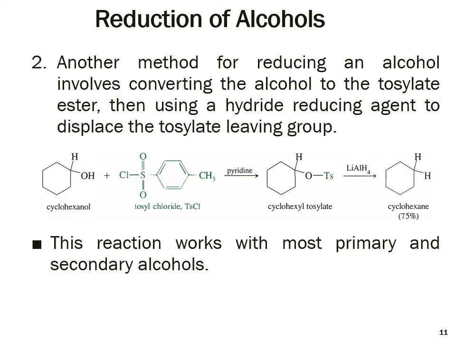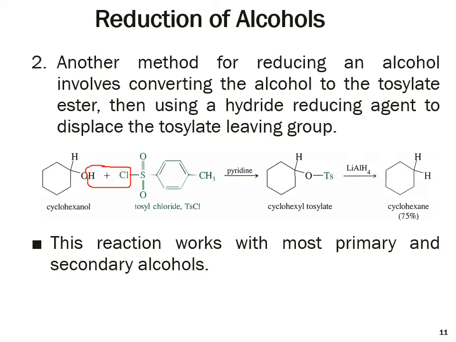The hydrogen of the alcohol and the chlorine of the tosyl chloride combine and an HCl molecule is removed from here. So if I write it down like this, this HCl gets removed and the cyclohexanol gets attached to the tosyl group.